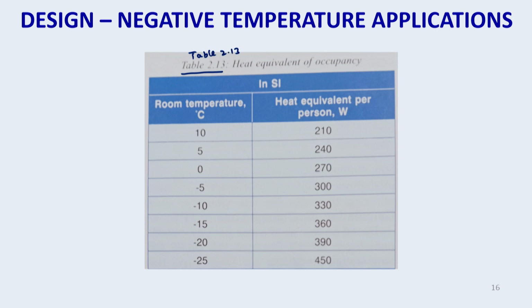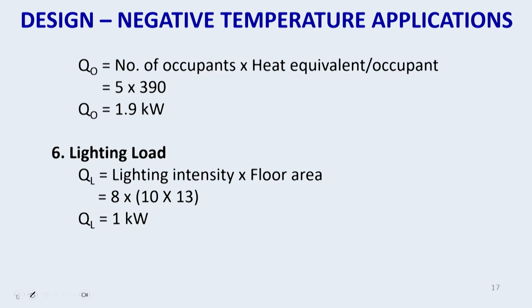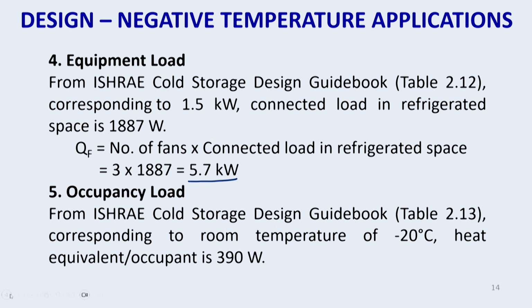The storage temperature or the room temperature is minus 20. The heat equivalent per person is 390 watts, given in watts. From the ASHRAE handbook, corresponding to a room temperature of minus 20, the heat equivalent per occupant is 390 watts.